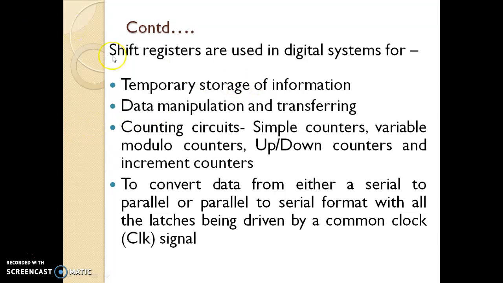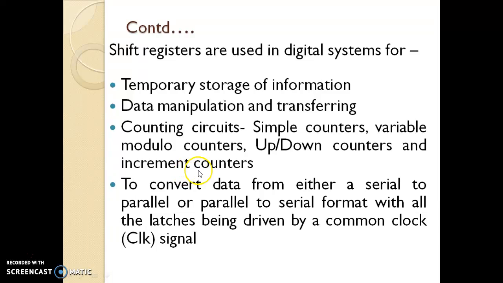Now shift registers are used for different purposes in digital systems. They can be used for temporary storage of information in microcontrollers and microprocessors, then data manipulation and transferring, then counting circuits such as simple counters, variable modulo counters, up down counters, incremental counters, and so on.